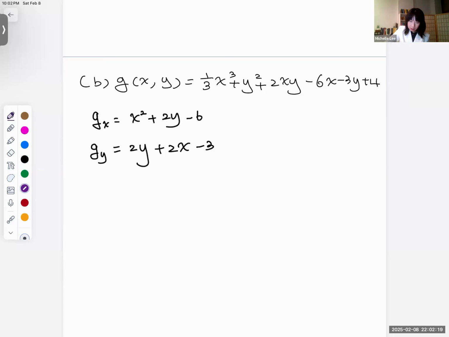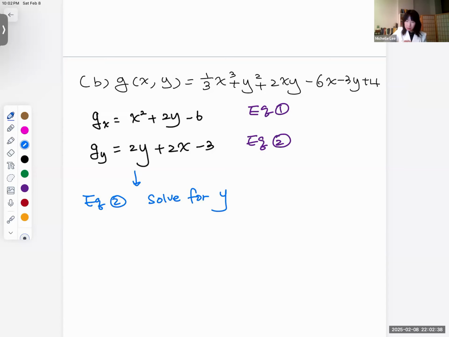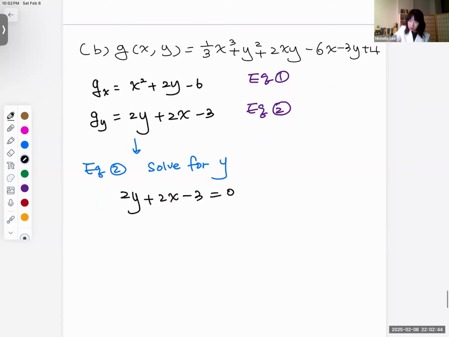Okay, so let's do this. Equation number 1, let's label first. Equation number 2. Okay, so we have equation number 2, solve for y. We get 2y plus 2x minus 3 equal to 0.